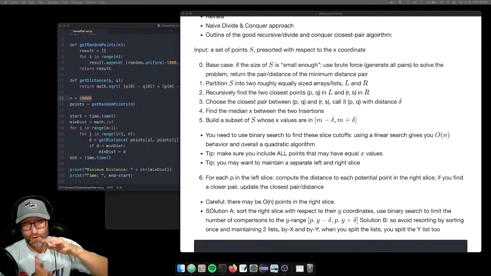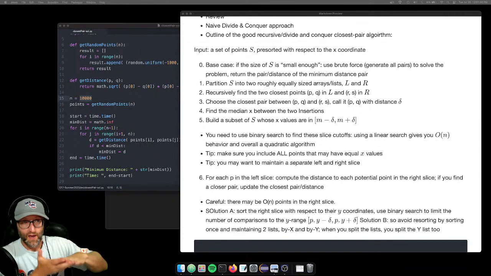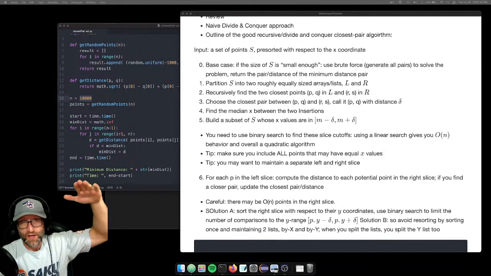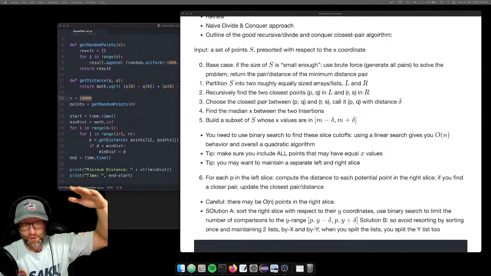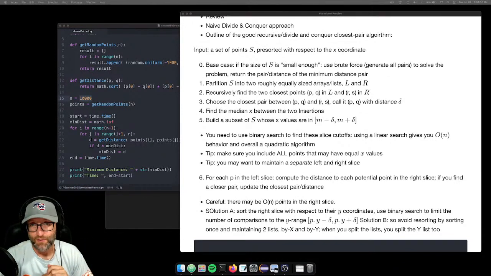Here's all the points sorted with respect to X. Here's another set of the same points but sorted with respect to Y, and then you can make those splits much more efficiently, at least asymptotically, reaching that order n log n rather than n log squared n. But logarithmic terms are so small that it really doesn't matter.